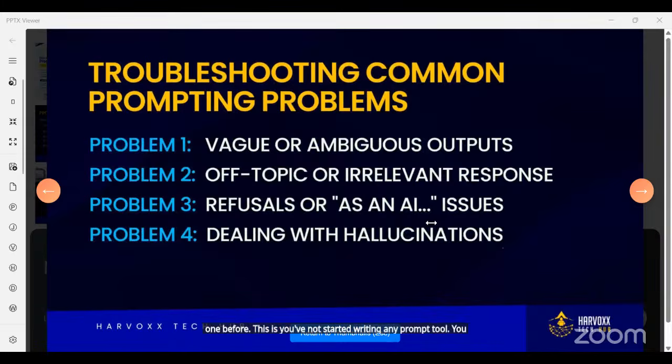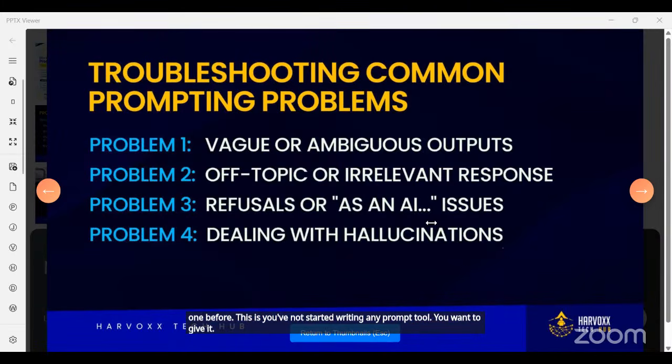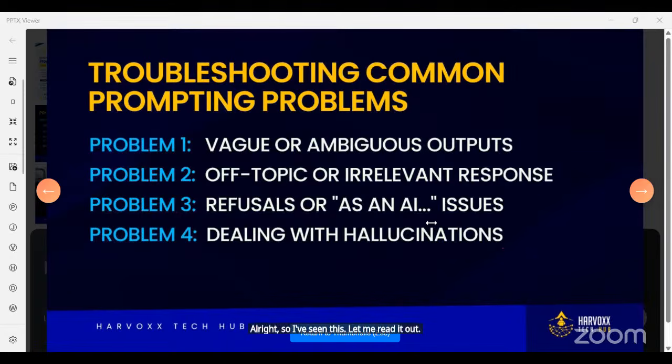You want to give it, just hold on. Let me get, I think there's a soft copy of that book here in my phone. Just give me a minute. Let me get it. So that will even make sense. All right. So I've seen this. Let me read it out. Let me read it out so you also see.